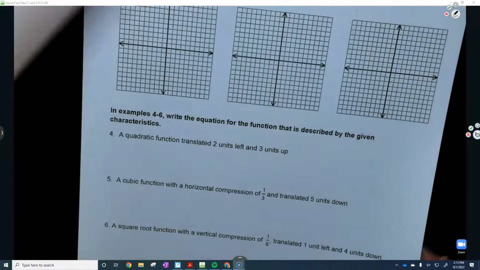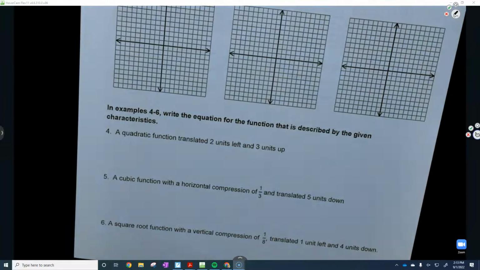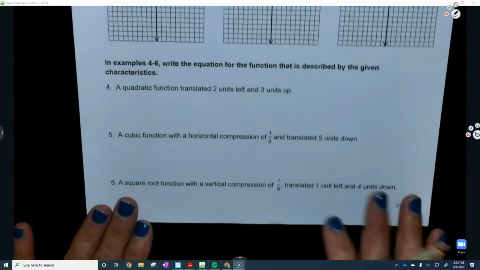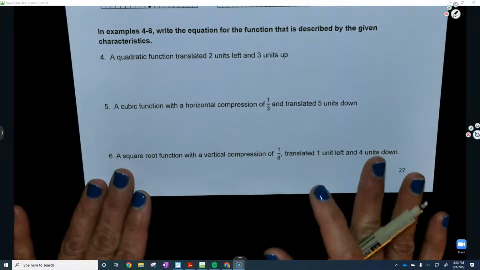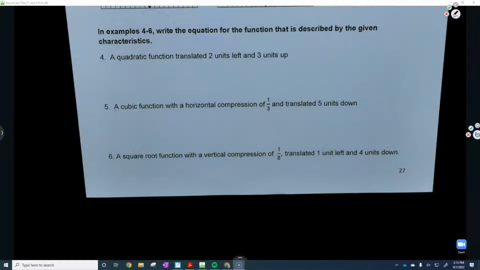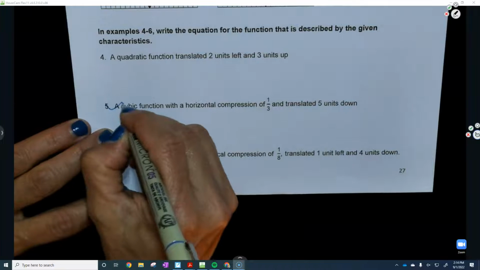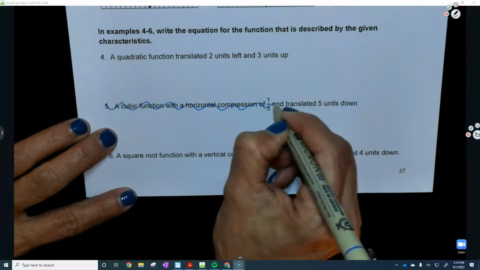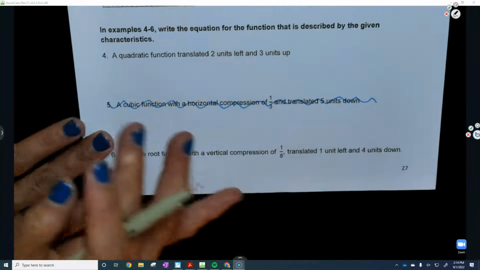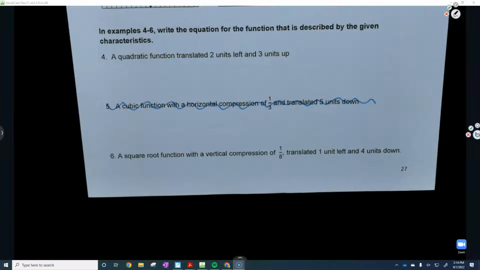We're almost done. To page 27. Okay, ladies and gentlemen, we're going to cross off problem 5, and we're going to write our very own problem.